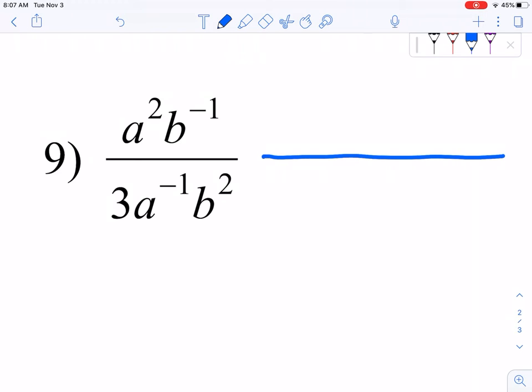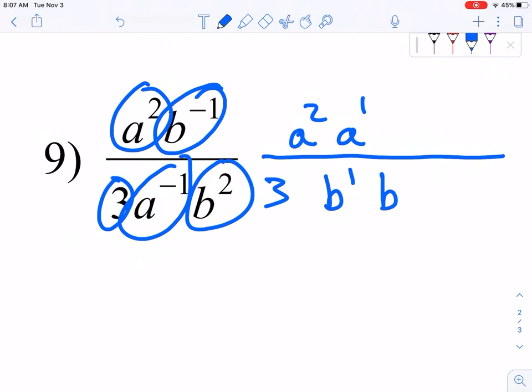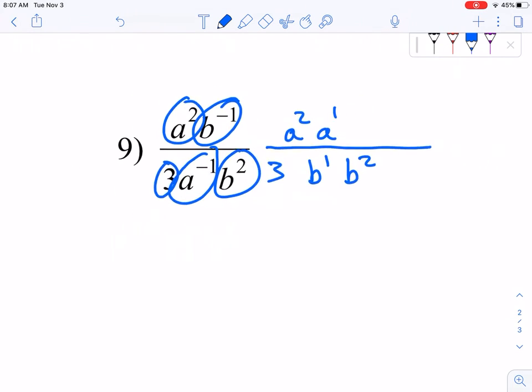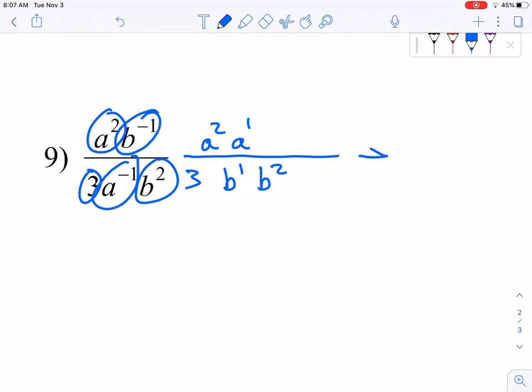I always move them first. Anything that's, so I'm going to go a to the 2nd doesn't need to move. B to the negative 1st does need to move. 3 doesn't need to move. I like to write that off to the left. A to the negative 1st needs to move. And b to the 2nd doesn't need to move. Now that I have all positive values, I can just kind of combine them up.